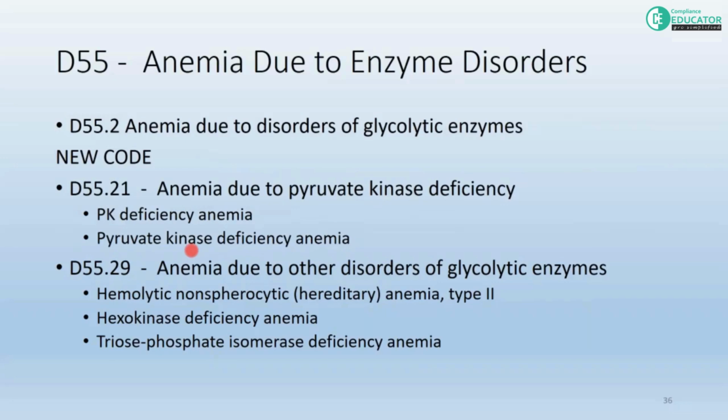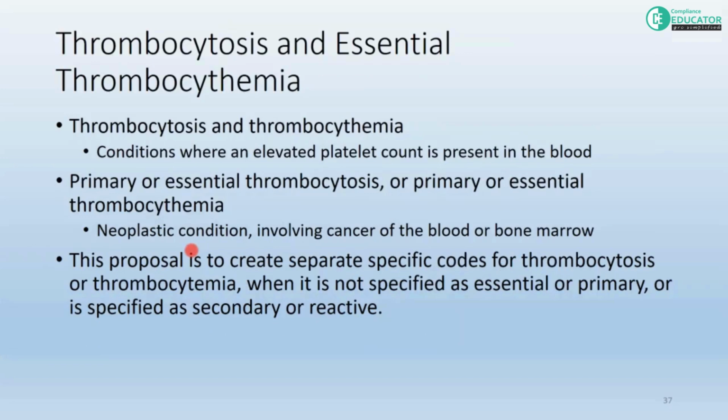We're now going to take that code and expand it to a 5-digit code in order to have 2 codes. One, the anemia due to that PK that we talked about a second ago, and then other disorders of those glycolytic enzymes.